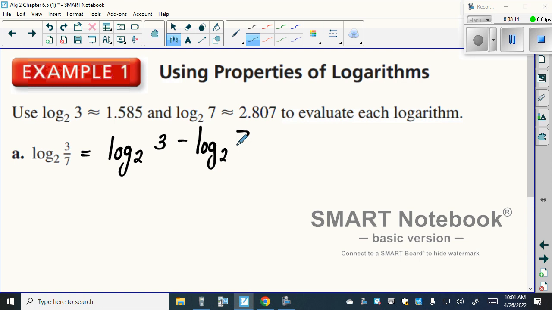Now, to finish evaluating this, what did we say log base 2 of 3 is? 1.585 minus, well, log base 2 of 7 is told to us to be 2.807. Now we just need to subtract these.